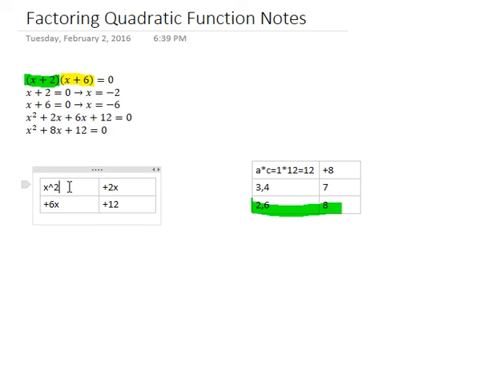That's my first thing from FOIL. It's first. Something times something equals x squared. Now, x squared is really just x times x. How I'm going to represent that is that I've got an x here, and an x here. There we go. All right. That, if I multiply the x and the x together, I get x squared.